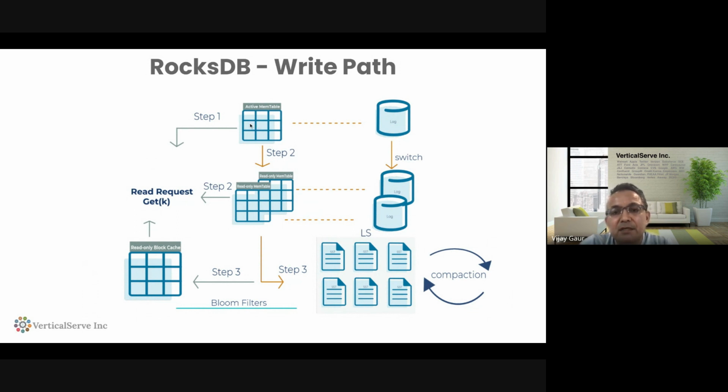If it's not there, then step 2 is it'll go to read-only mem tables. If data is not there, then it'll hit the block cache. Block cache you can think of as a cache which is storing the recently read data, and it'll basically improve the performance.